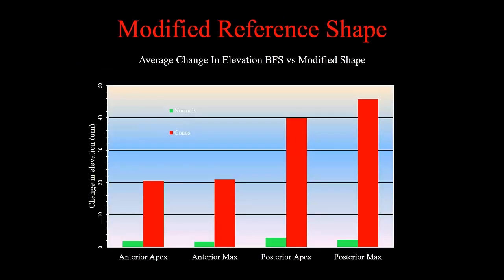This is easier to see in a bar graph. So you can see the change going from best fit sphere to enhanced reference surface. That change becomes very useful in separating normal eyes from keratoconic eyes, because keratoconic eyes undergo dramatically more change than normal eyes, to a p-value of 0.0001.